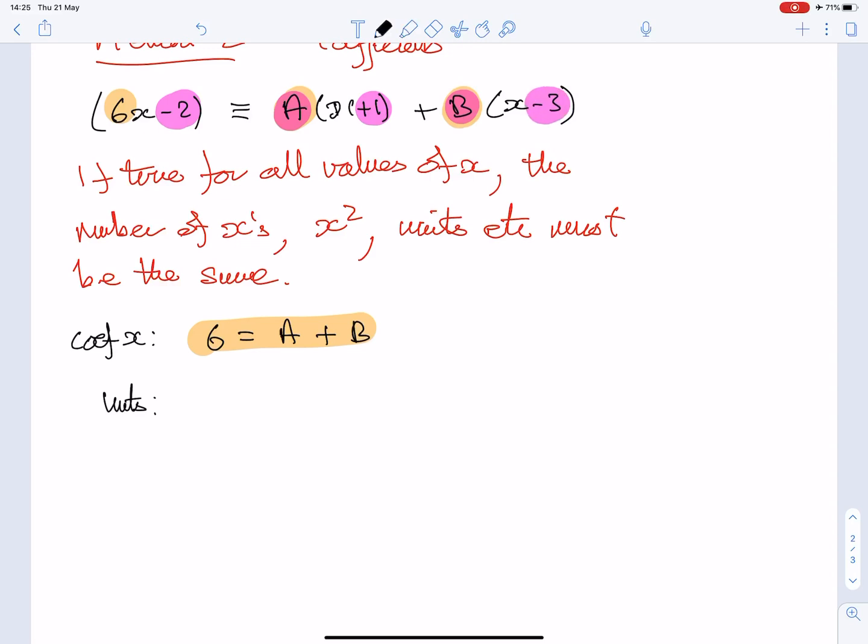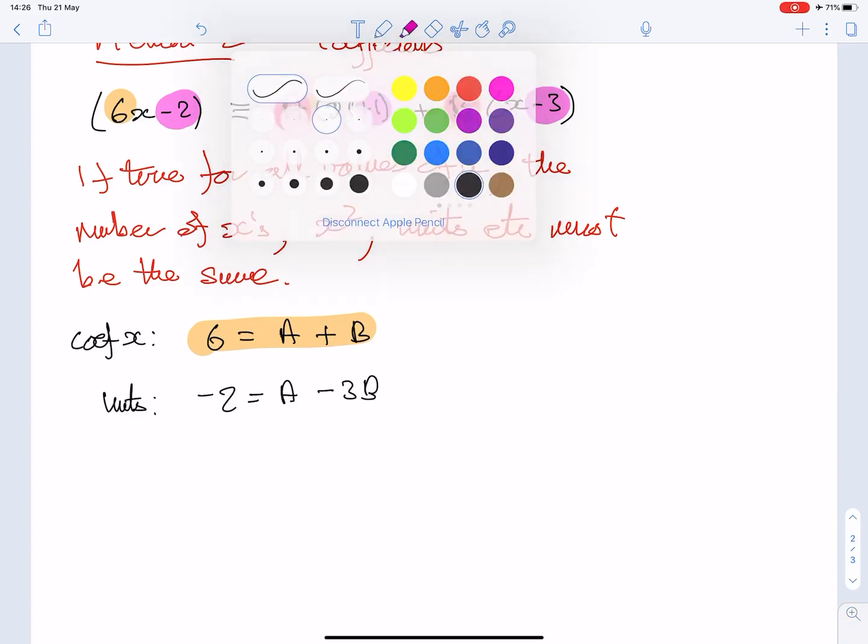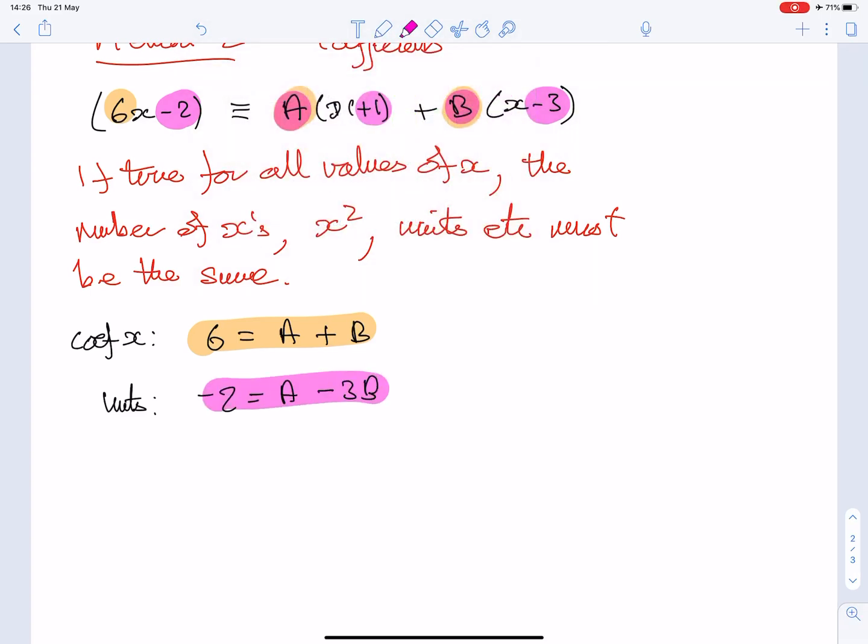So we get -2 is equal to A minus 3B. Simultaneous equations. So that came from there.